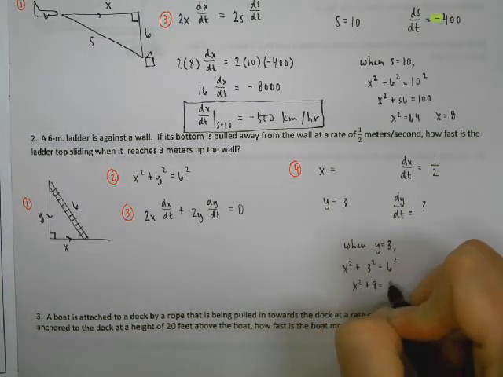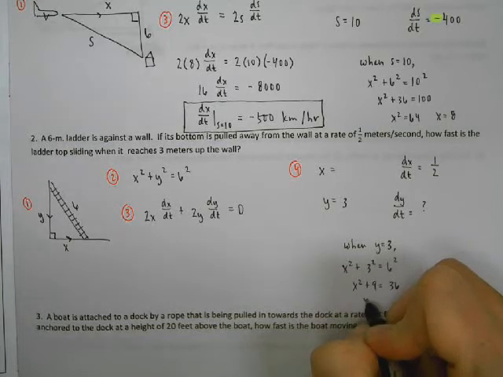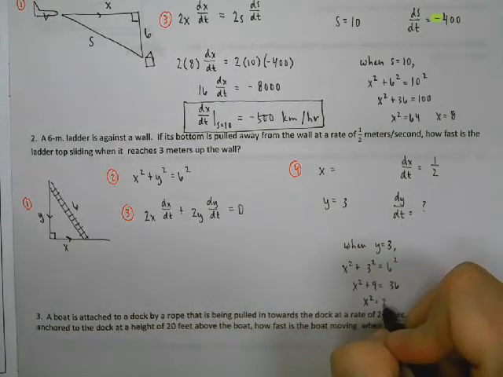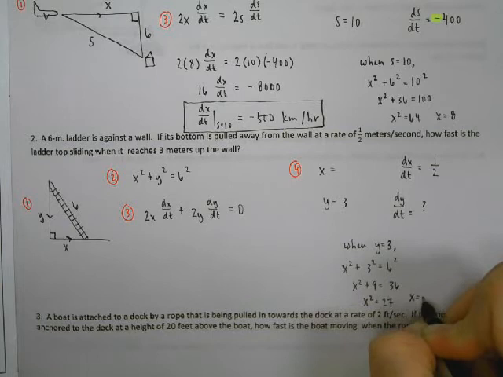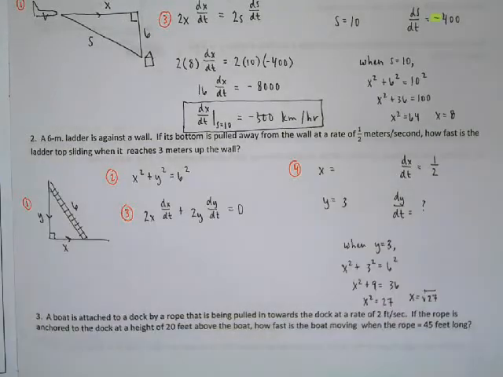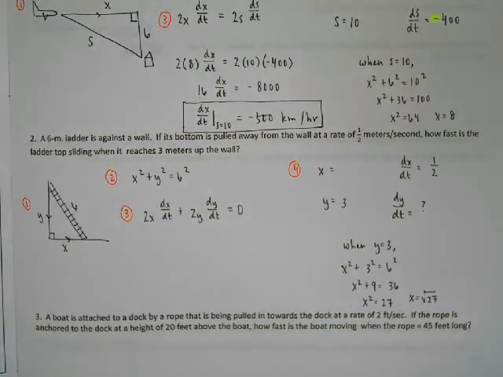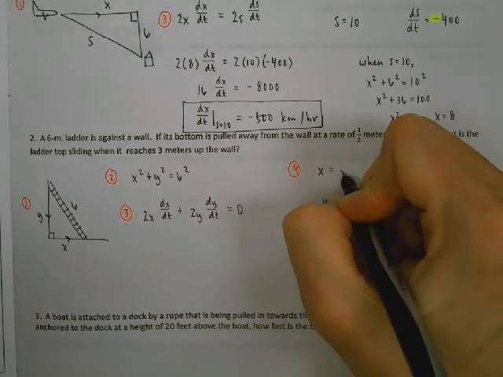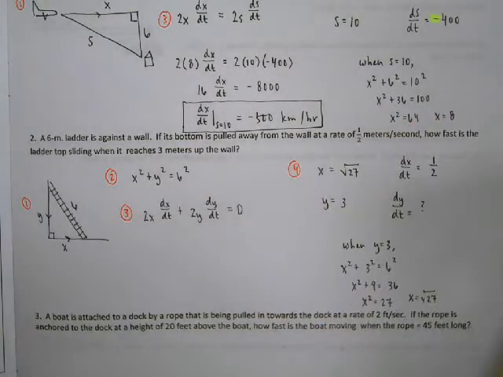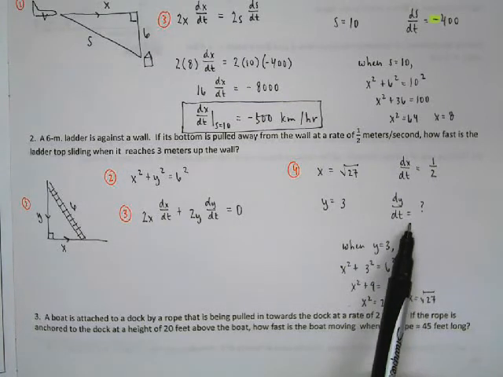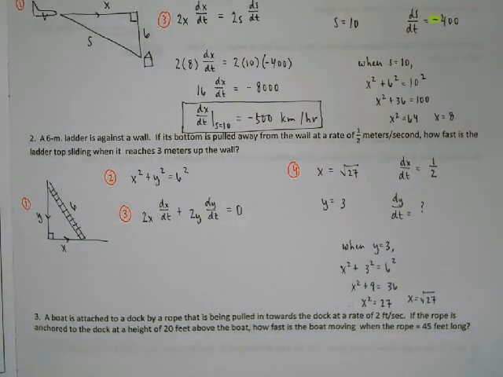So x squared plus 9 is 36, or x squared equals 27. So x equals the square root of 27. So I'm going to plug that in here. So now we have all the values that we need to solve for dy/dt.